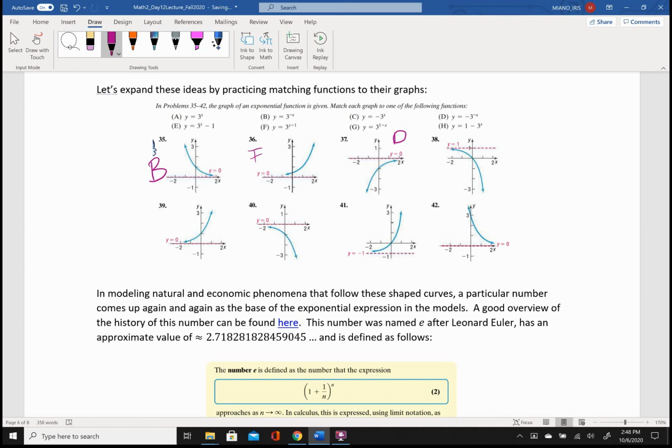So it's like the base is 1/3, but it's being flipped over. Okay, so that will most likely match up with what we're seeing in number 37. Number 38, this is a reflection over the x-axis again, and it looks like it's shifted up by 1. So we've got that looking like H, I would say, right here, this one.